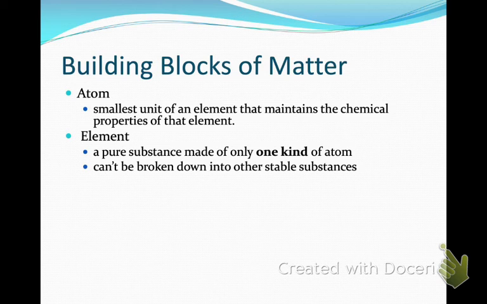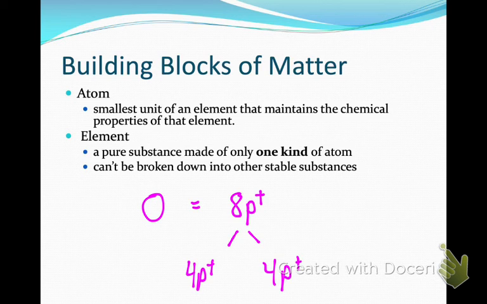And if I'm looking at oxygen in particular, I know that an oxygen atom has 8 protons. And if I try to break that down into two different elements that have 4 protons each, well, those are no longer oxygen, right? An atom that has 4 protons is not oxygen anymore. That's a beryllium atom, right? So when we break down elements, we're not making a different type of oxygen atom.